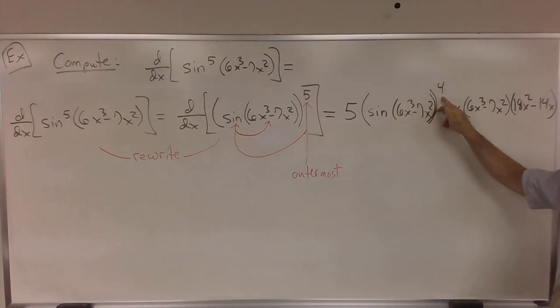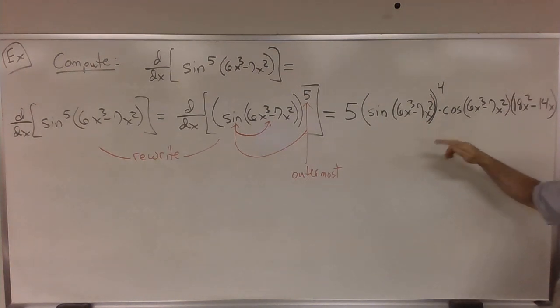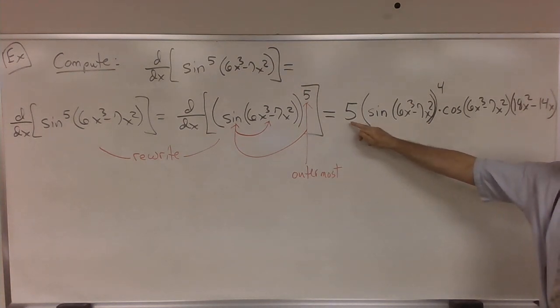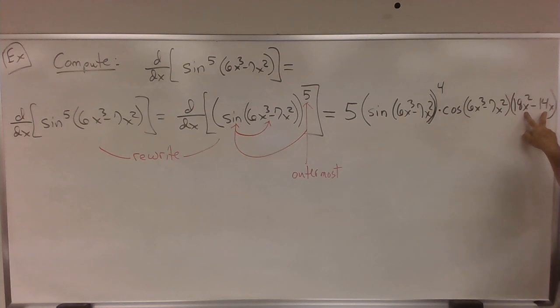This is something raised to the fourth power. And we have sine of something raised to the fourth power times cosine. So we have sines times cosines times 18x squared minus 14x. This factor and the 5 out front are the only factors that are polynomials. So if we wanted to tidy this up a bit, the only thing that we could do is bring this polynomial out front and multiply it by 5.